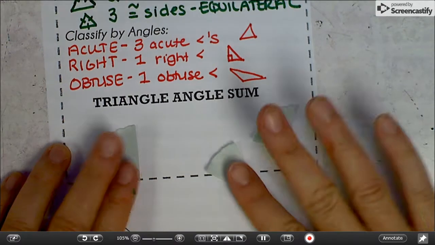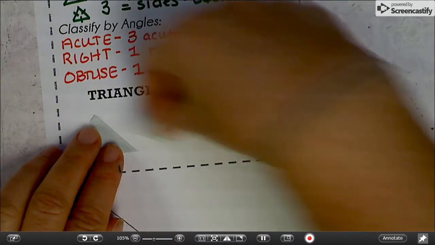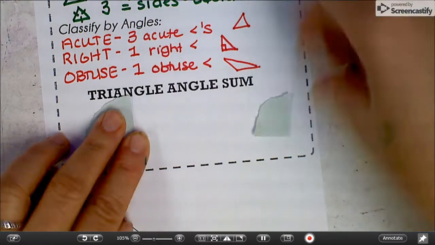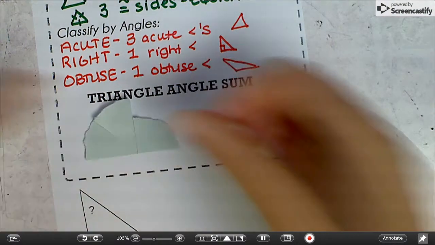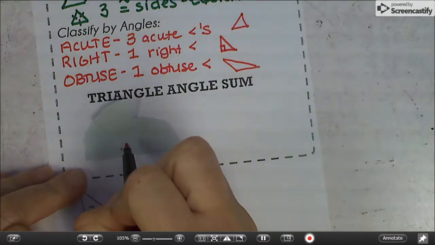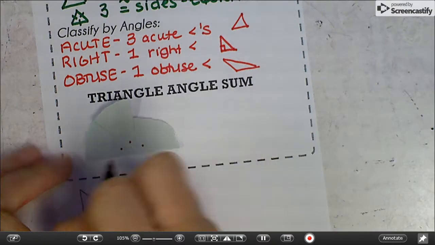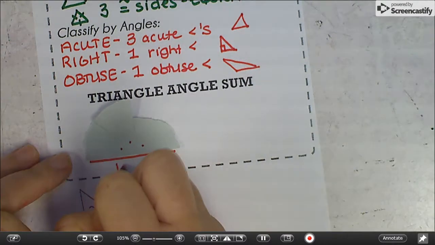And then we said to put the angles together. How many degrees is that? These three angles, this one plus that one, form a straight angle, which has 180 degrees.